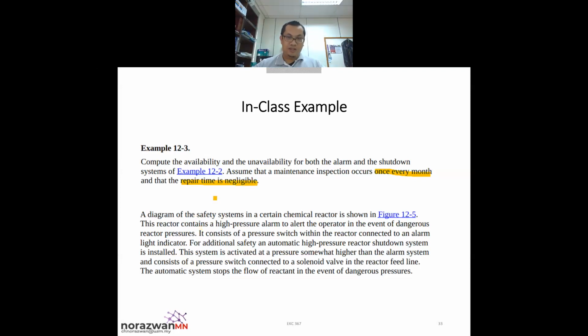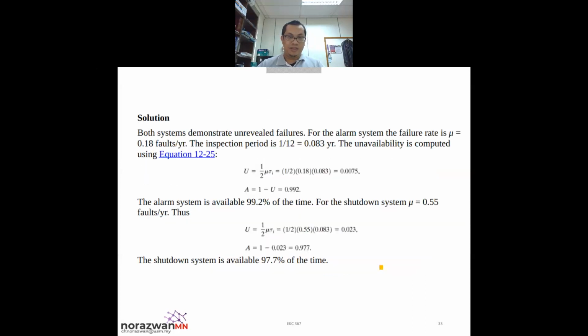So this one is already the same statement. Remember from our previous calculation, the alarm system failure rate, we already got from our previous example: 0.18 faults per year.